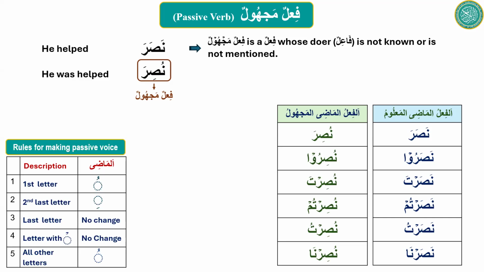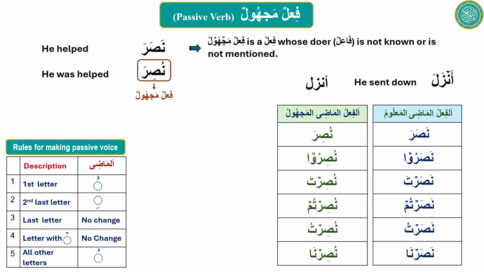And then we learned from a table that we can follow some guidelines to make the words majhul. For example, anzala means he sent down, and if we use this table, we can change anzala, which is an active voice, al-fail al-ma'lum, to a passive voice, the fail majhul.